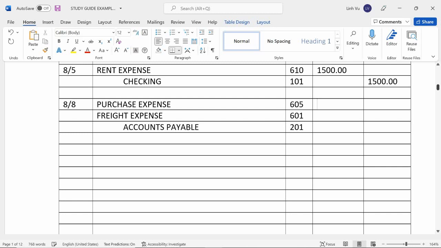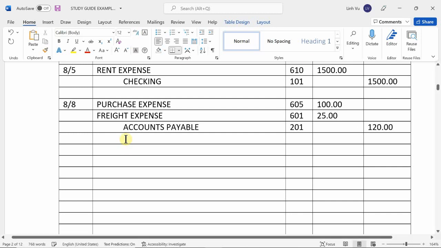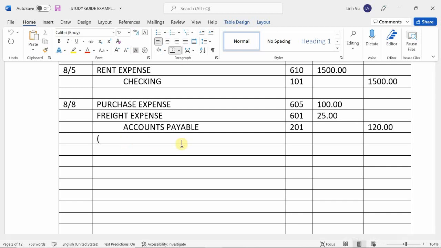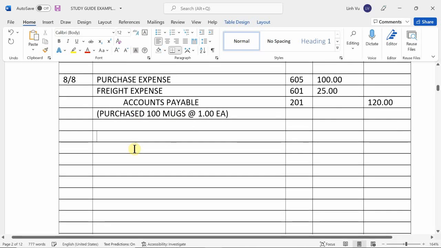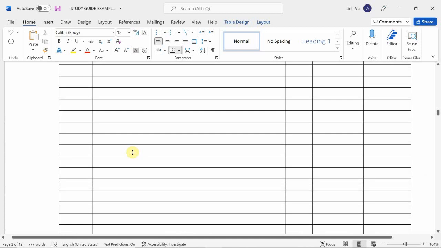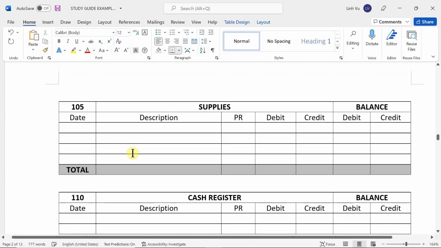So 100 mugs at $1 each is going to give you $100. Freight is $25. So in grand total, you owe $125. Okay? And of course, here you can make your note. This one is where it's necessary, right? That you purchased 100 mugs at $1 each. Okay? So in this case, that means I have to update my purchase expense account and my freight expense account.